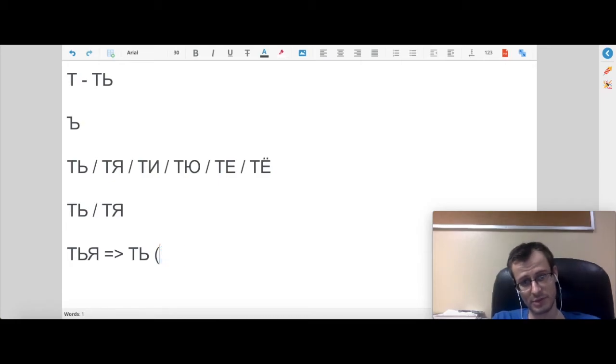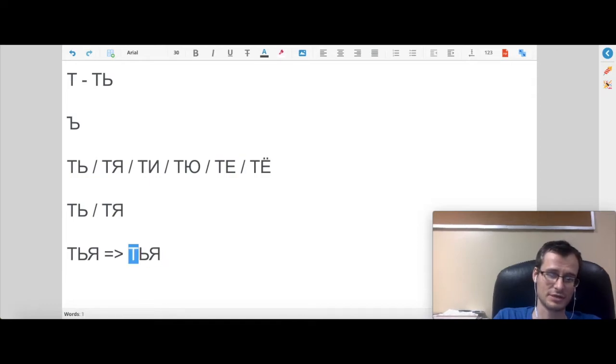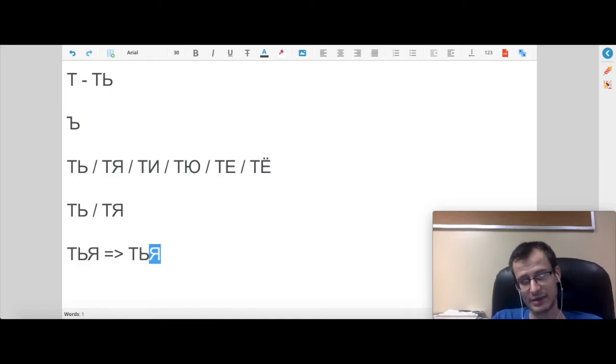Well, guess what? In this case, we don't have to. But ya doesn't have to soften the consonant, so it doesn't have to sacrifice anything. So ya does not get merged with anything, and it just remains a full-fledged diphthong.